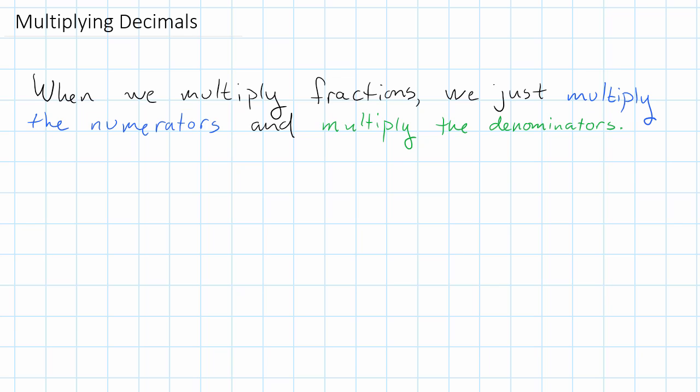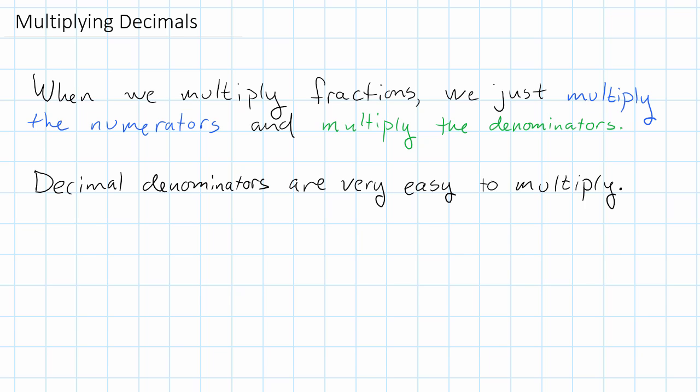Because they are a special kind of denominator, decimals have denominators that are very easy to multiply. Let's see an example. Like with addition and subtraction, first we're going to go to the decimal fractions and see what happens, and then we're going to come up with a rule we can follow without the fractions.